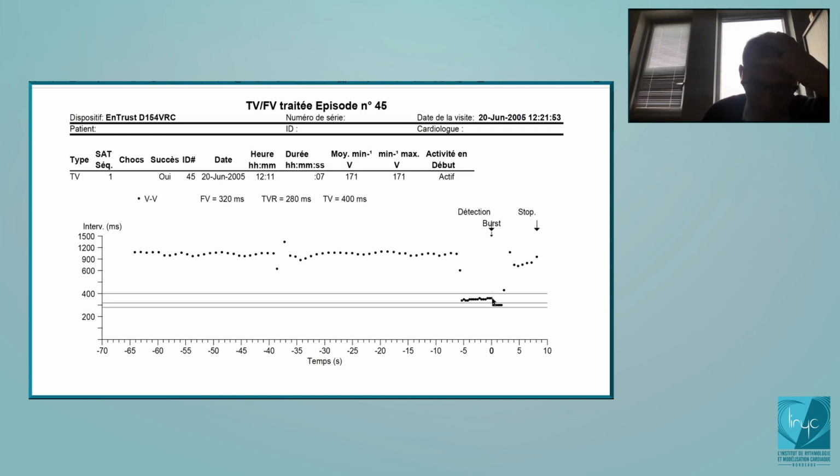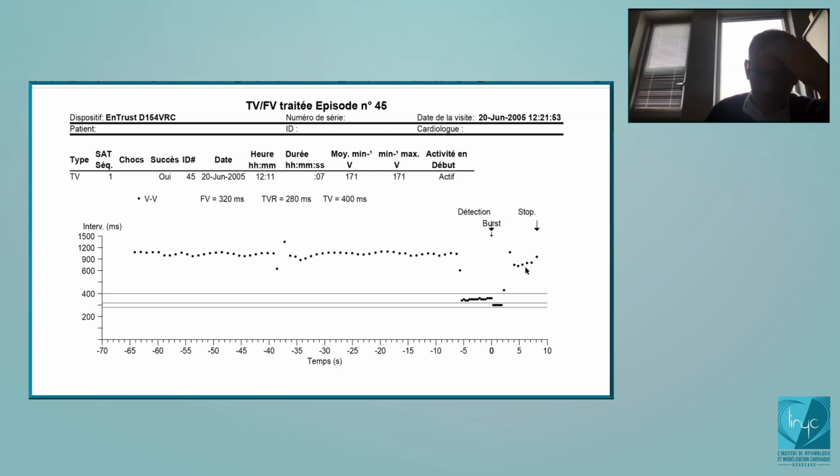After the detection, there is no charge of the capacitors for delivering a burst. So once you fill the counter in the VT zone, you immediately treat. I think this is the reason why we should program a longer VT zone, because if not, you will treat the VT much faster than the VF.